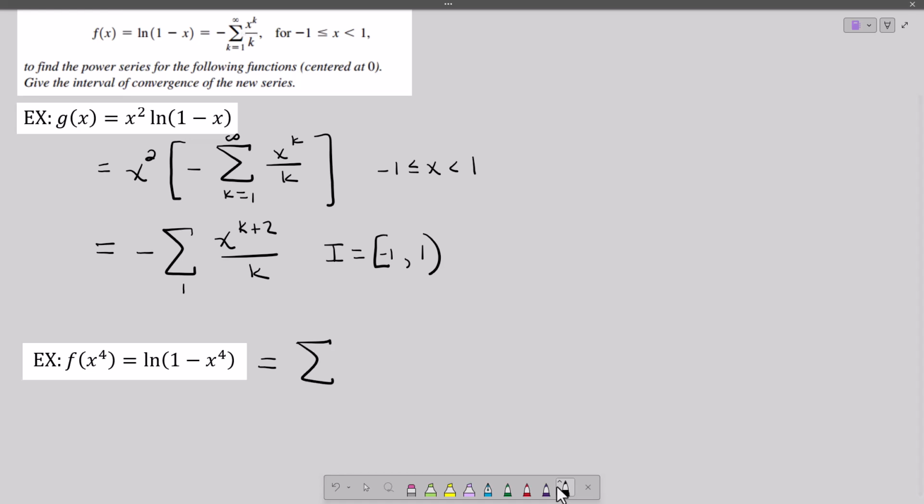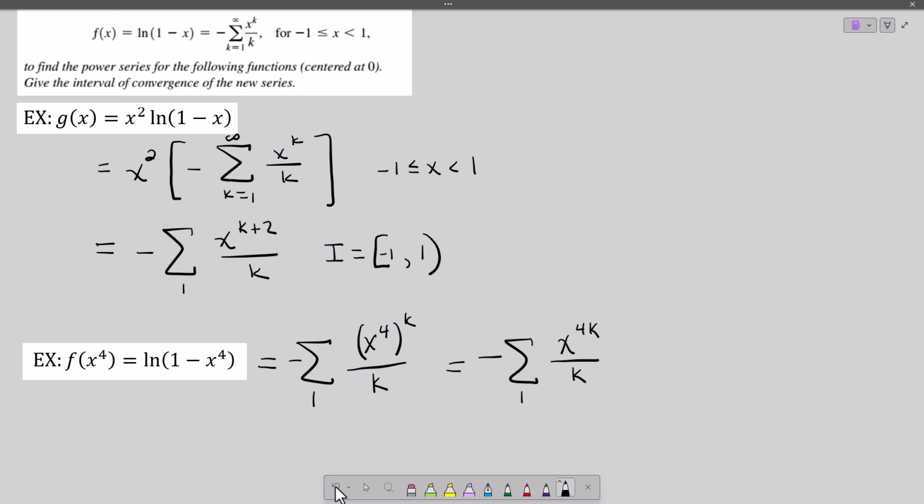There's a negative sign in front, and we have a series that goes from 1 to infinity, and we're going to replace the x with x to the 4th. So we're going to have x to the 4th raised to the k divided by k. And if we simplify that, the series starts at 1. That's going to be x to the 4k divided by k.